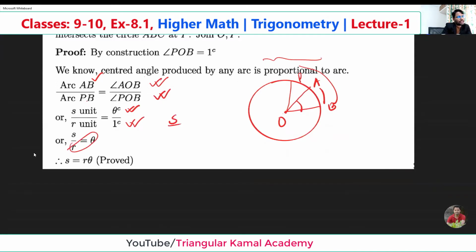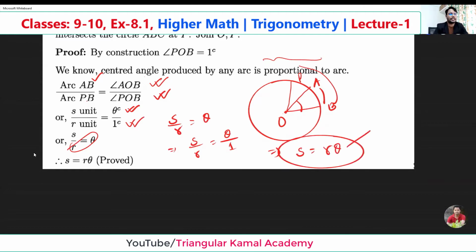So write S by R is equal to theta by 1. Now do the cross multiplication. S multiplied by 1 is S, and R multiplied by theta, so S equal to R theta. So this is the formula, and here the angle is in radian.